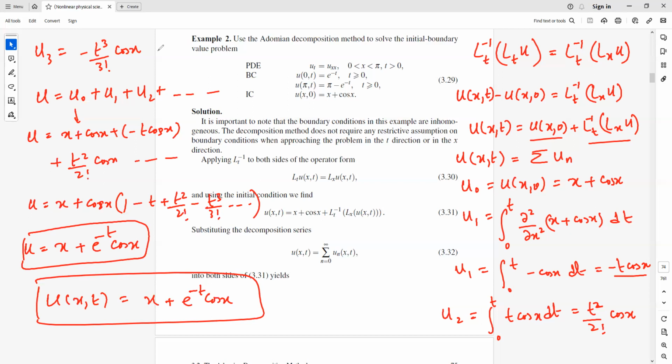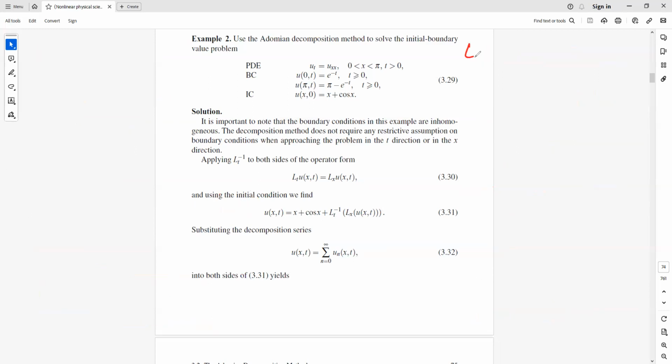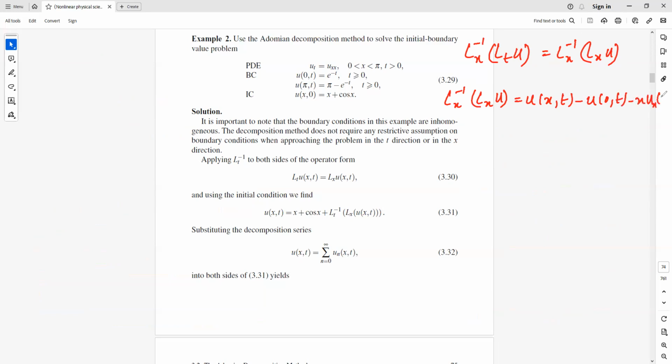Now if we move in the x direction, we need to apply the L_xx inverse operator on both sides. So we get this expression now. And for the right hand side, that is L_xx inverse L_xx u, we will get u of x,t minus u of 0,t minus x u_x of 0,t.